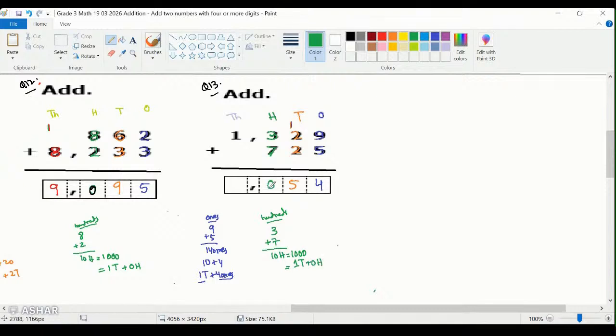So we put 0 hundreds. And how about thousands? 1 plus 1 is 2. So the final answer comes out to be 2054.